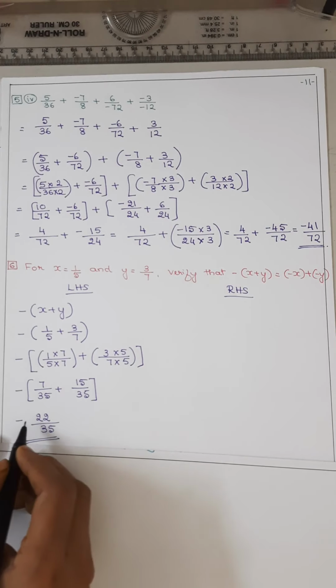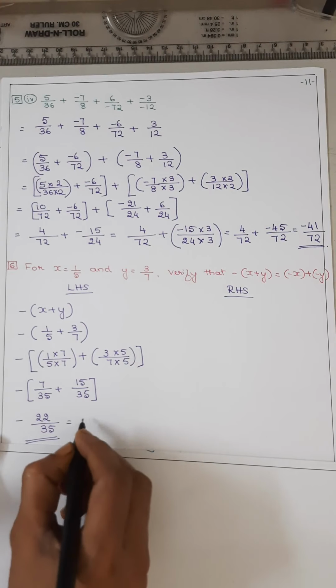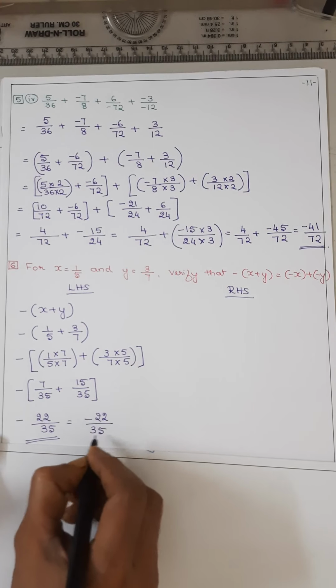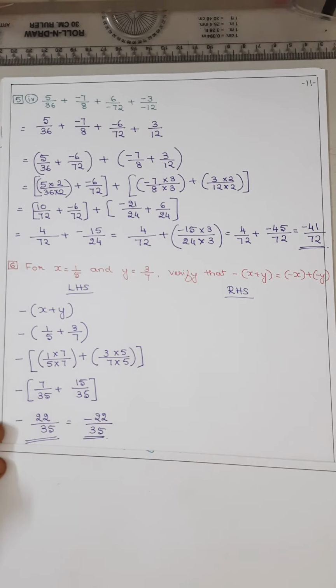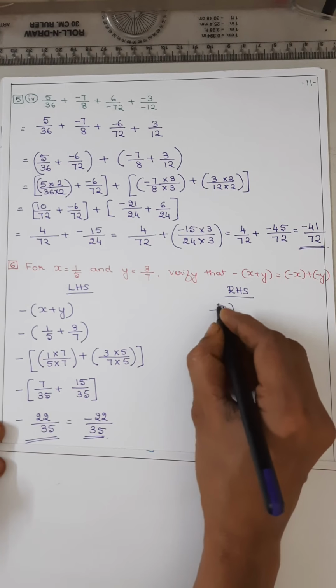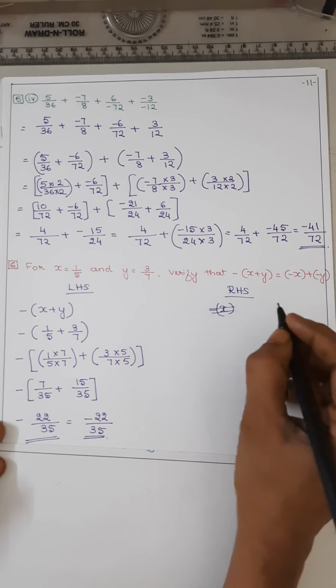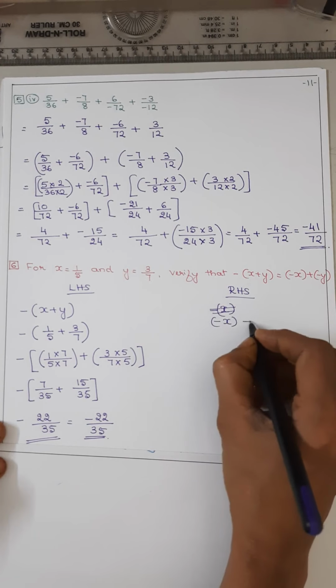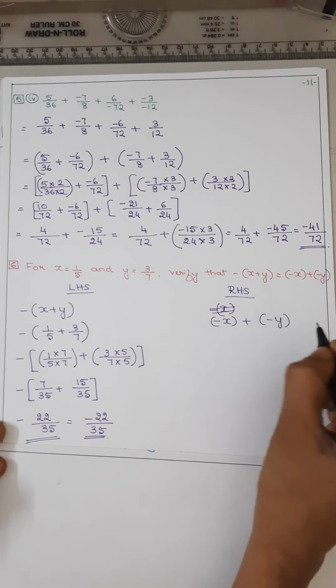Hope you are understanding. This is minus 22 by 35 is the answer. Now RHS, what they have told? Minus x plus minus y.